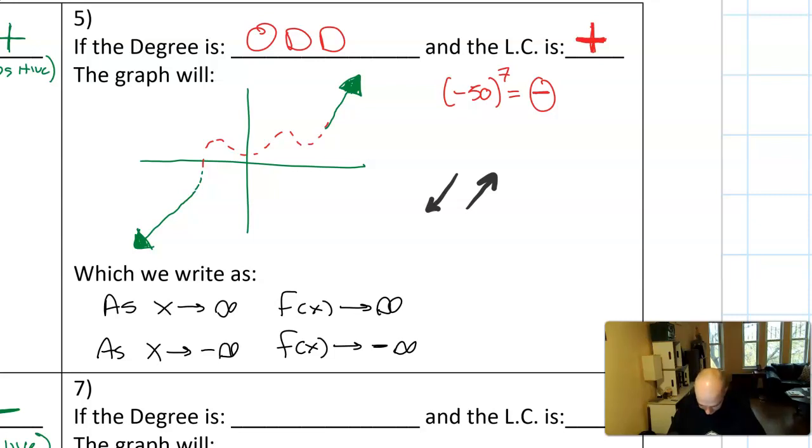So remember, just looking on the graph, that's the x, as x approaches infinity on the x-axis. This is the f of x approaching infinity on the right, but on the left, we have x approaching negative infinity. We have f of x approaching negative infinity. That's basically the fancy way of saying goes down.